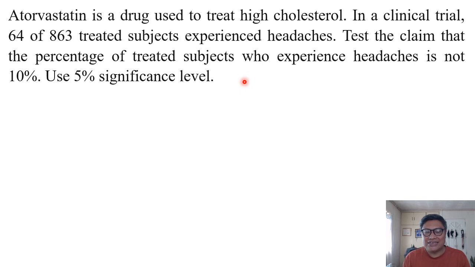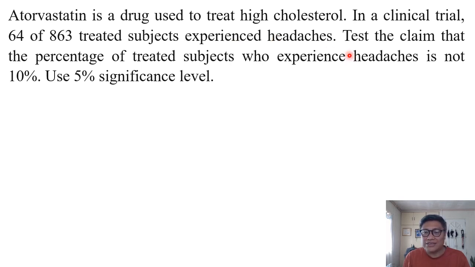So we have here an example. Atorvastatin is a drug used to treat high cholesterol. In a clinical trial, 64 of the 863 treated subjects experienced headaches. So in other words, one of its not good side effects is that those who are taking it will experience headaches, which is actually commonly experienced as a treatment.